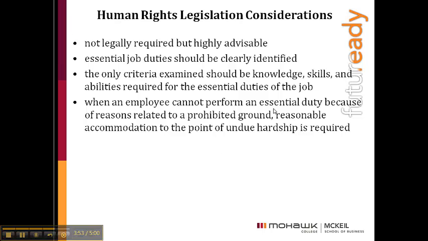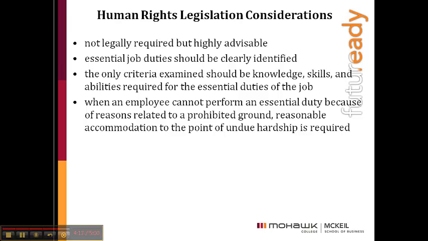When an employee can't perform an essential duty of that job, maybe because it's on a prohibited ground or for a good reason, you need to make sure that you make a reasonable accommodation, but not to the point that it's going to cause the employer any undue hardship. Maybe there's something an employee can't do.